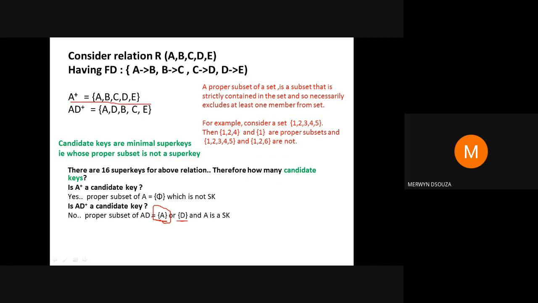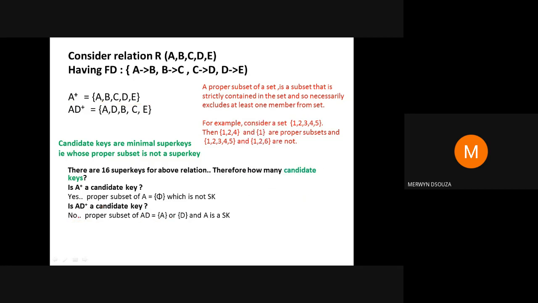Since at least one proper subset of AD is a super key, we say that AD cannot be a candidate key. For AD to be a candidate key, both subsets should not have been super keys. But since A is a super key, we cannot say that AD is a candidate key.